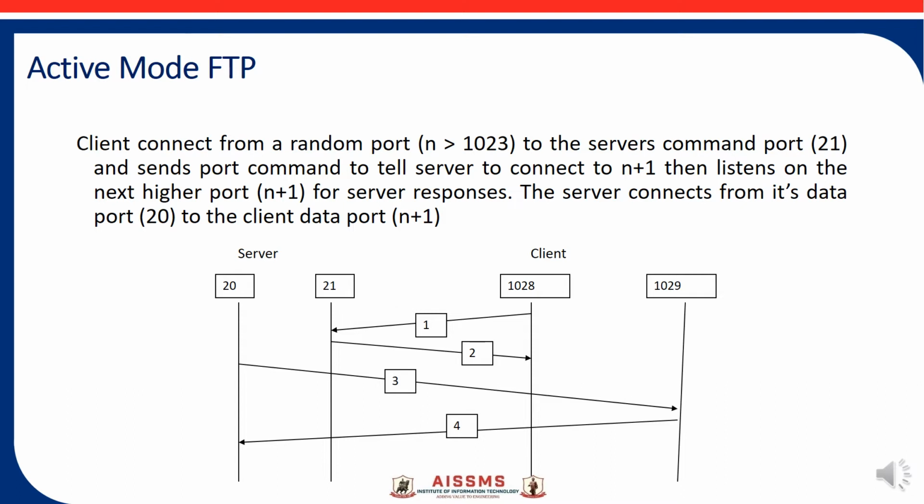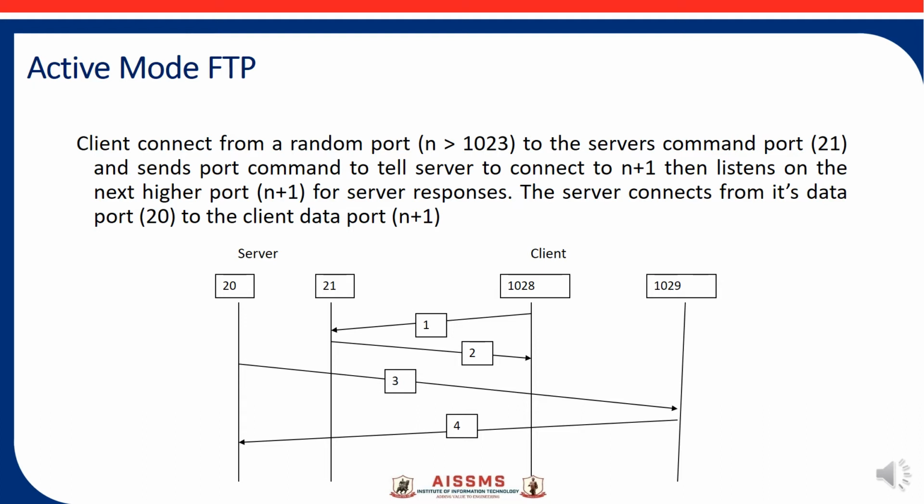Just observe the diagram in which there are two ports, 1028 and 1029, at the client side, and at the server side again there are two ports, 20 and 21. So 21 is used for the connection establishment purpose and 20 is used for the data transfer.